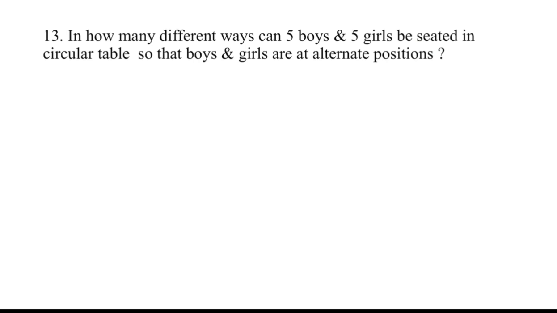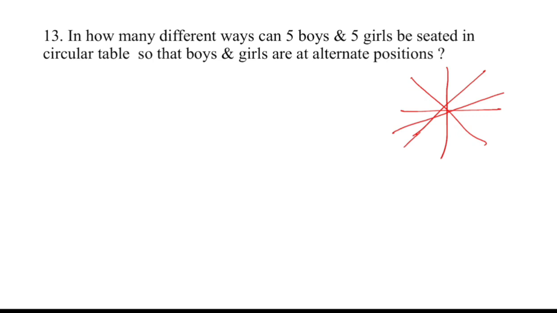So next problem: in how many different ways can 5 boys and 5 girls be seated at a circular table so that boys and girls are at alternate positions? So there are 5 boys and 5 girls. So this is 1 2 3 4 5 6 7 8 and one more you can take here.